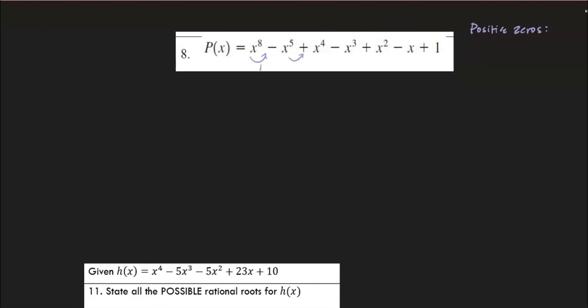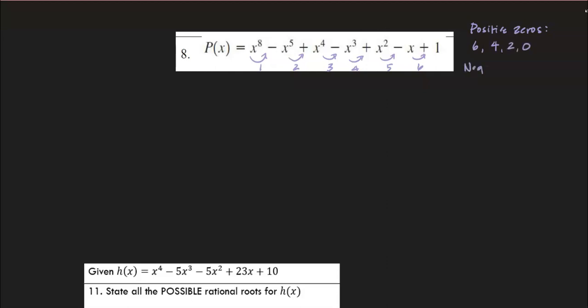And then here we have the second sign change from negative to positive. It's a third sign change, fourth sign change, fifth sign change, sixth sign change. So positive zeros, 6, reduce that by 2, that's 4. Reduce that by 2, 2, or 0.